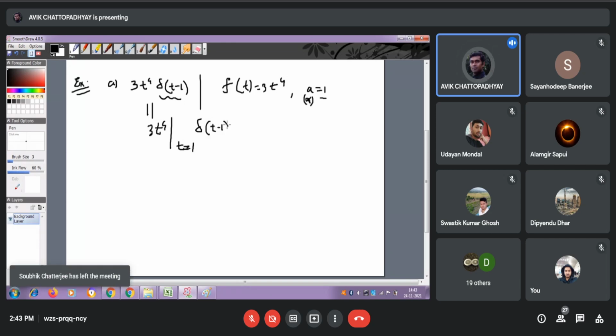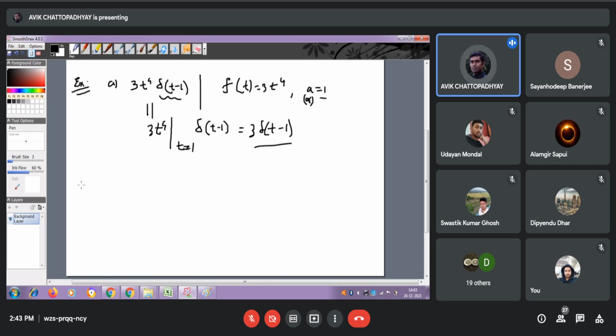Here a is 1, so t-1. This value is nothing but 3, because t is 1. So the result is 3δ(t-1). As simple as this. If you can do it, you will get 2 or 3 marks very easily.